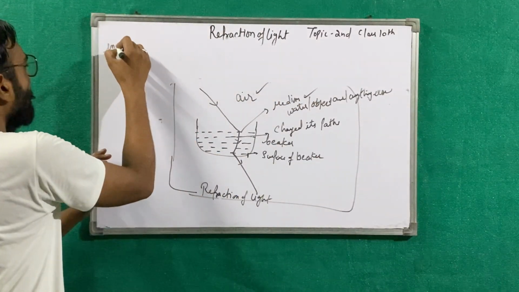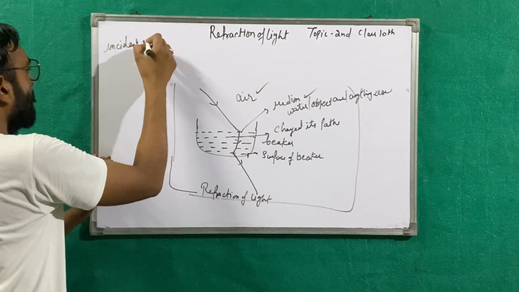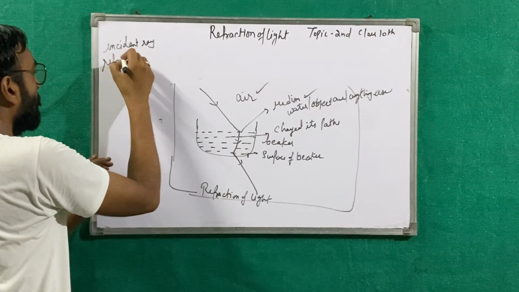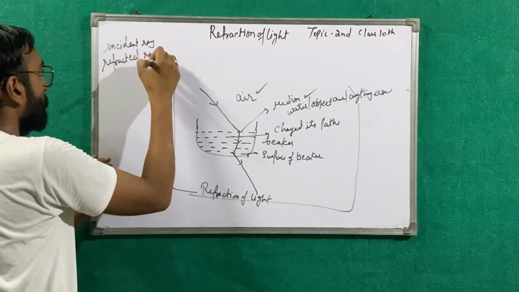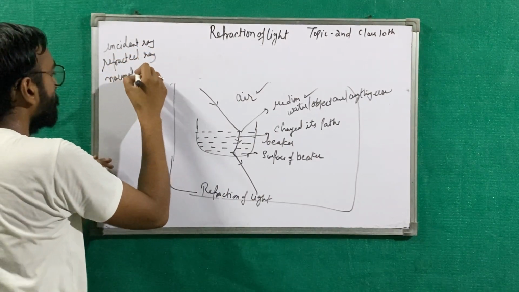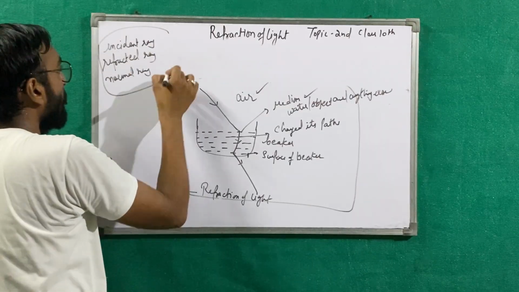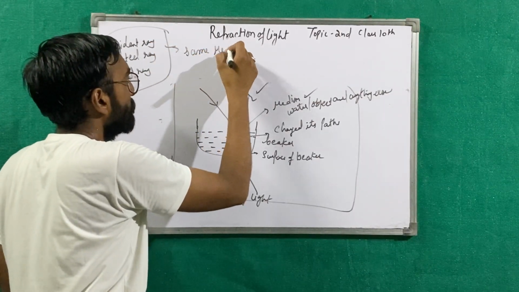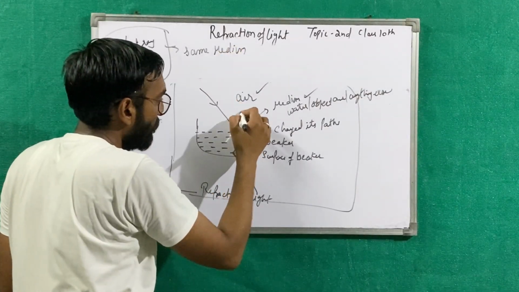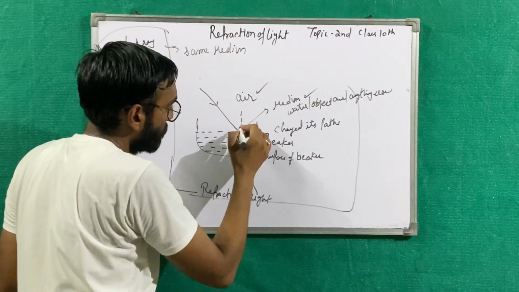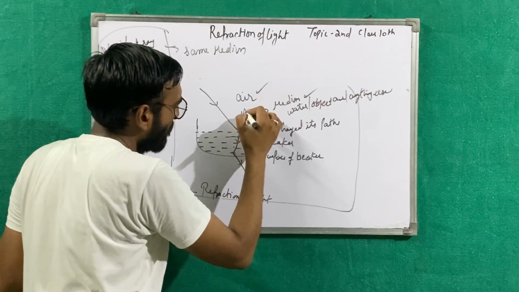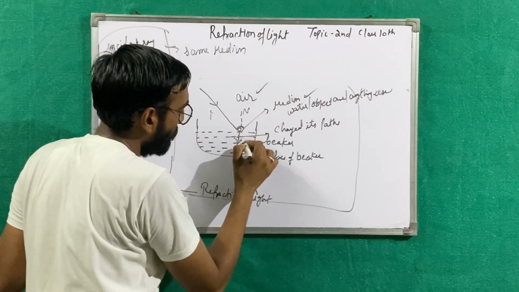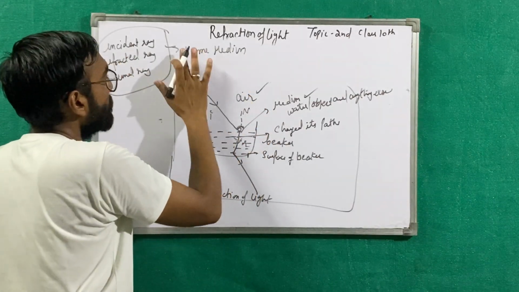The incident ray, refracted ray and normal ray all lie in the same plane. If we draw the normal here, this is the incident ray and this is the refracted ray; they all lie in the same plane.